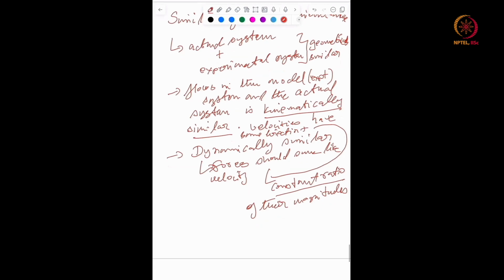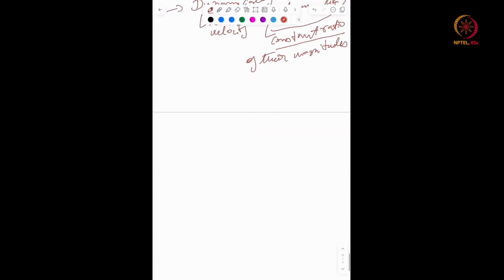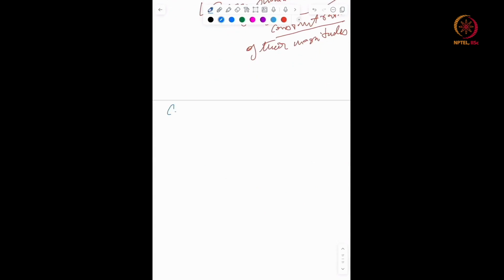So this results in something independent of the system, and acts as a guide. Some of the most common non-dimensional parameters we will look at in the next class.